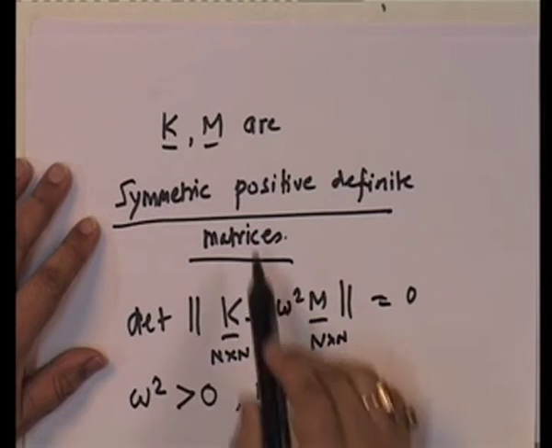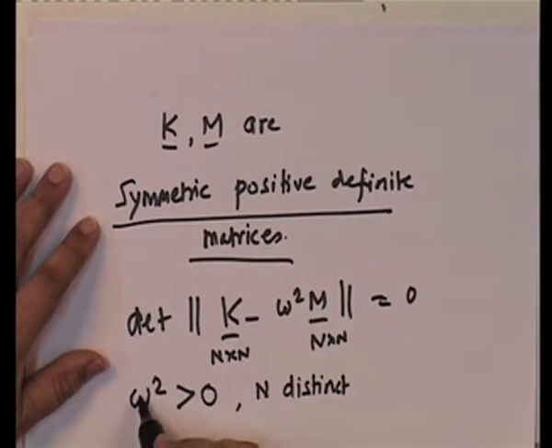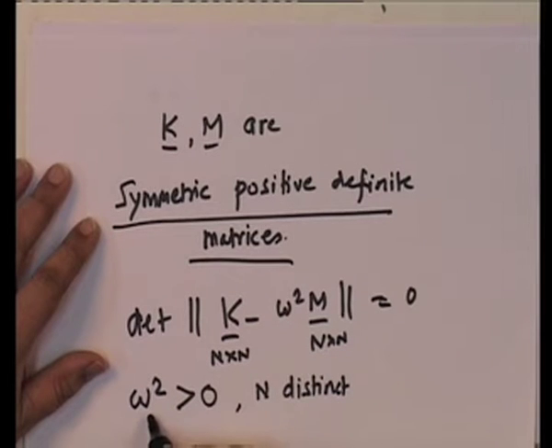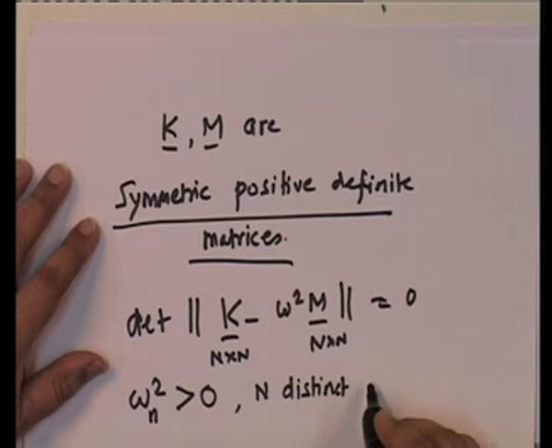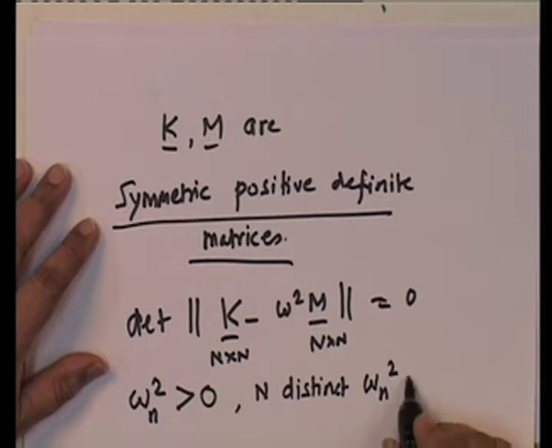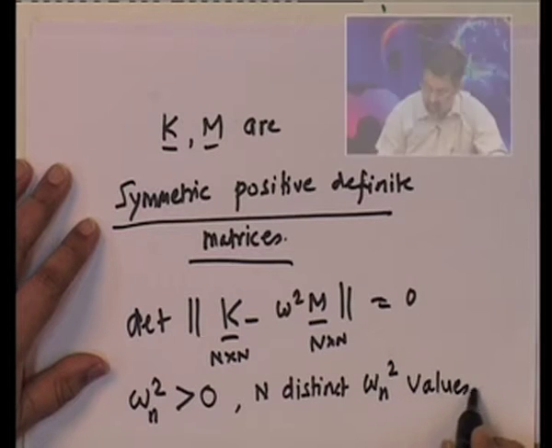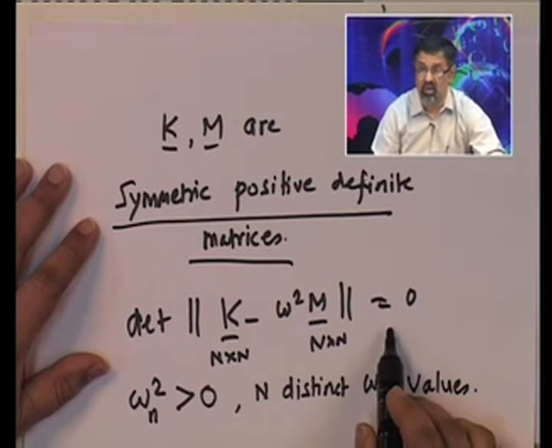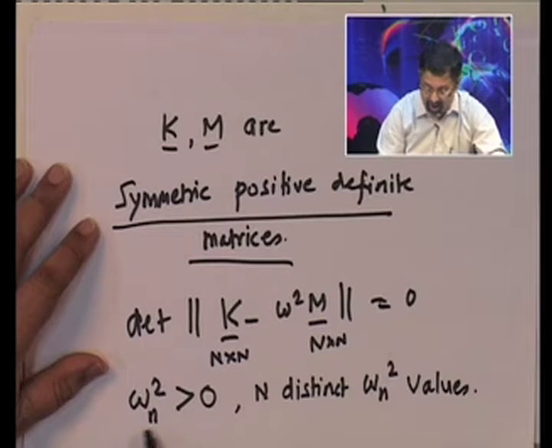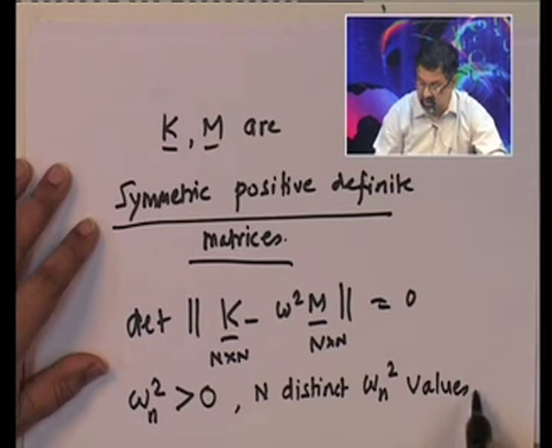So, if k and m are symmetric positive definite, there are n distinct omega n squared values for which the determinant is equal to 0, okay, and all of them are greater than 0.